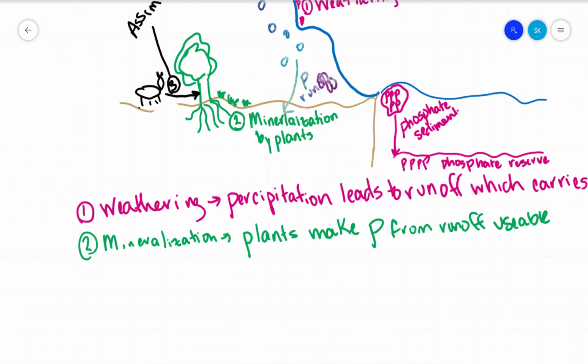All right, so basically assimilation is animals eat plants and absorb the phosphorus there, or get their phosphorus from there.